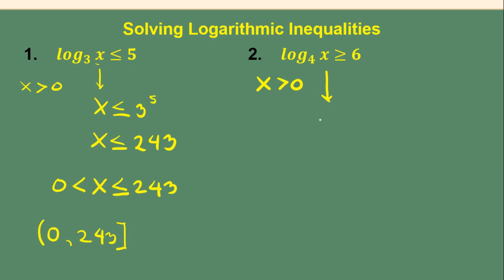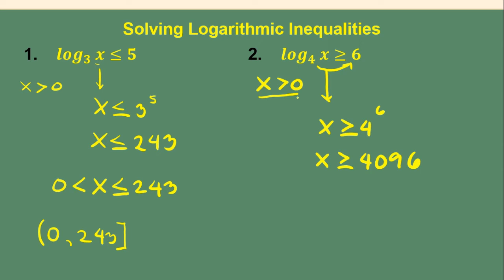Okay? So we have x is greater than or equal to 4 to the 6th power, or 4 raised to 6. So that is 4096. So x is greater than or equal to 4096. Okay, so we have here the condition: x is greater than 0, x is greater than or equal to 4096.